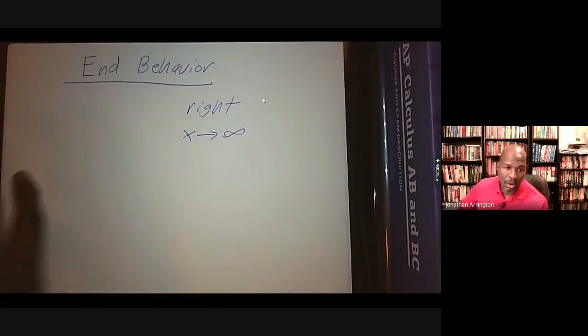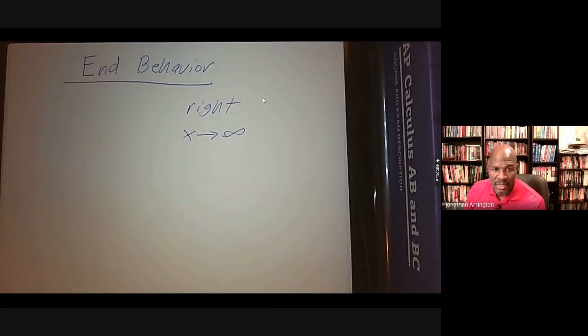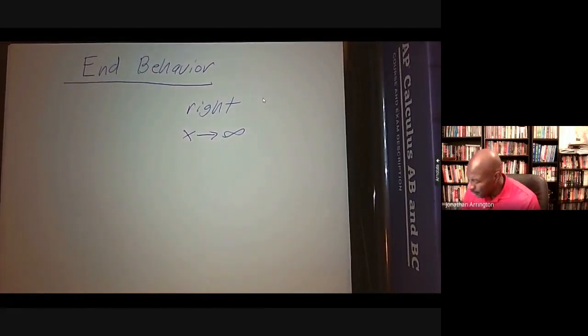As you go to the far right, the x value is tending towards infinity. Now, there are several things that can happen as x tends to infinity, but only two which are germane to polynomial functions. So I'm mainly going to look at the two things that will happen with polynomial functions, but I may mention the other things that could happen.